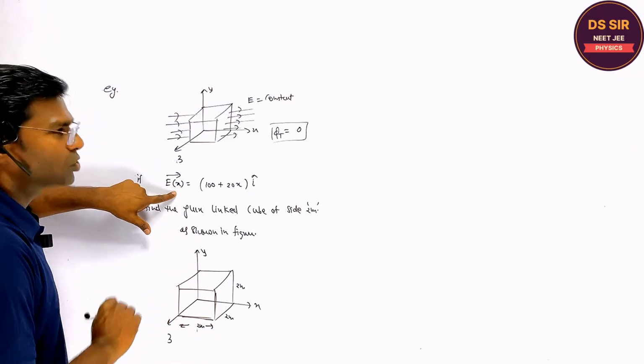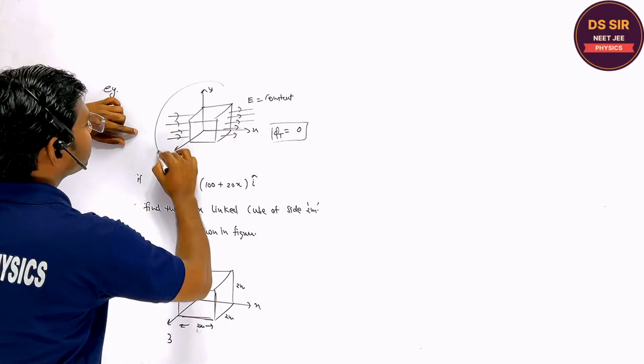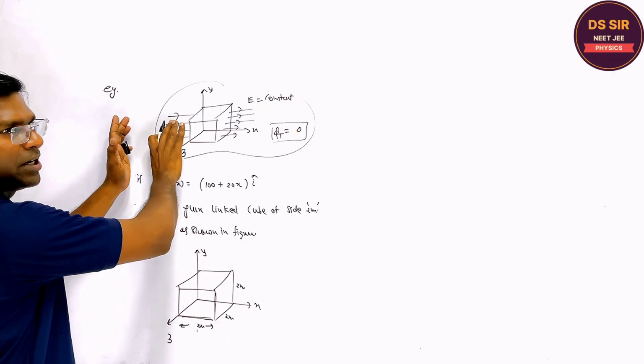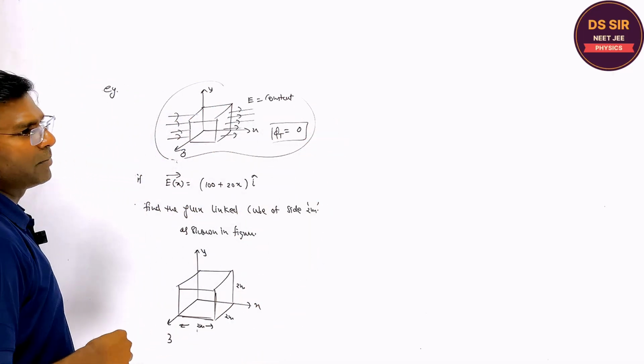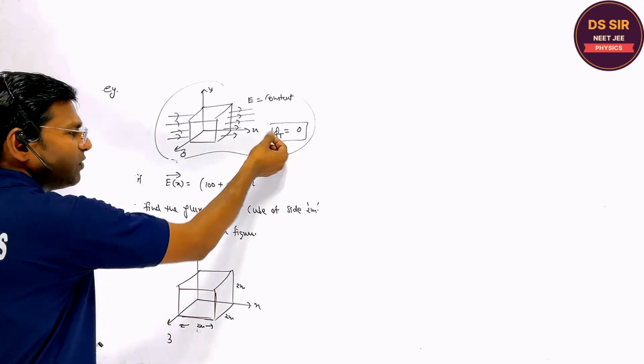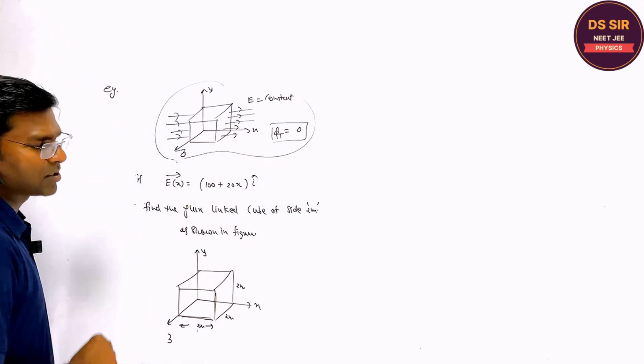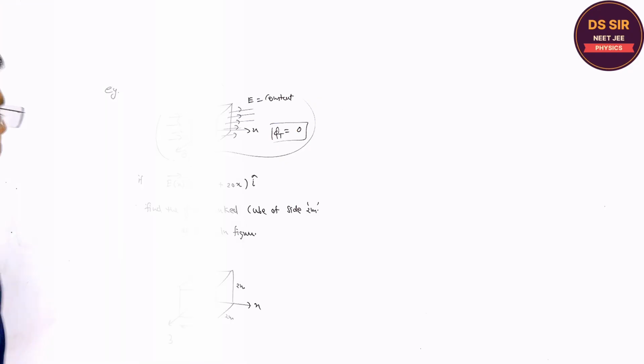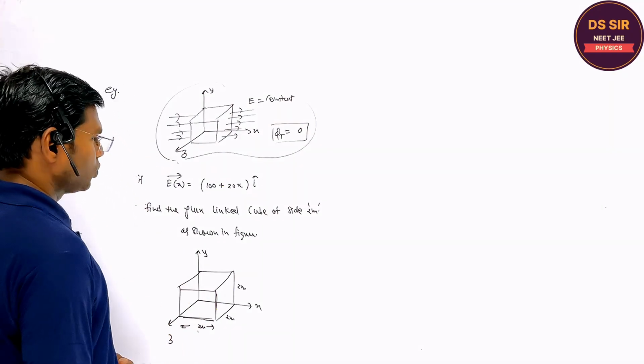Here the electric field is not constant. When the electric field is constant, whatever electric flux is entering, the same electric flux is coming out from the cube. So net flux was 0, but in this case, net flux will not be 0. Copy this and try. So how to solve this question?